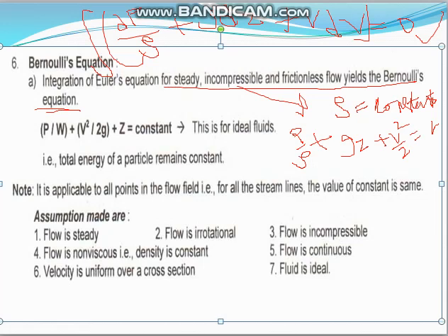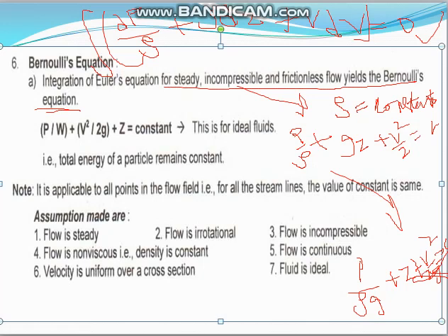Again, if we rewrite the equation, we'll get P by rho g plus Z plus V square by 2g is equal to constant.